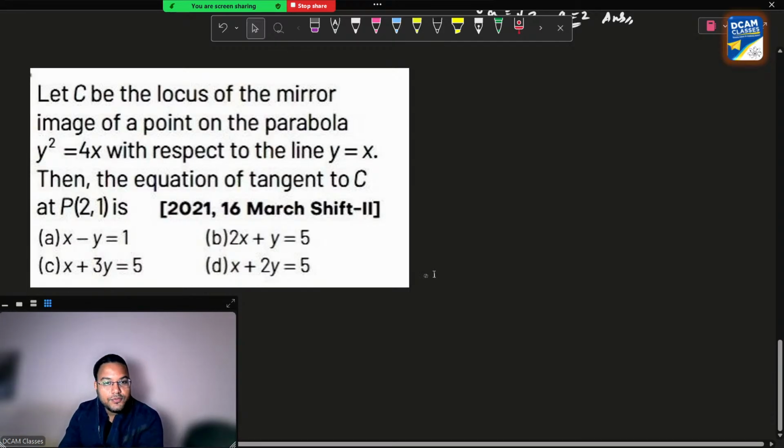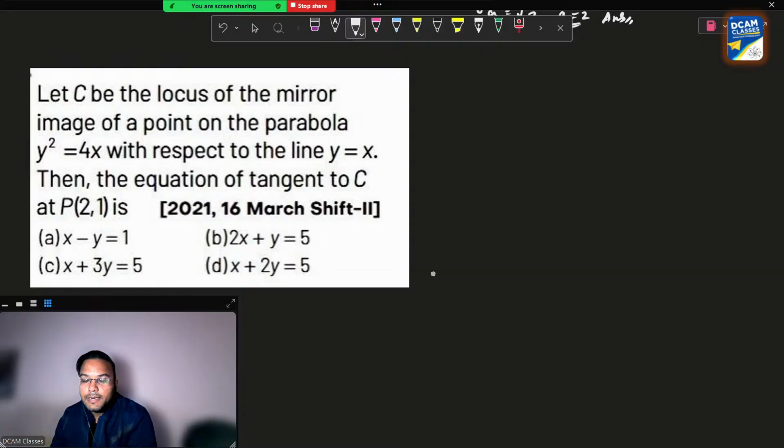One hint I'll give you: the point on the parabola y square is equal to 4x that you will be assuming, whose mirror image you need.